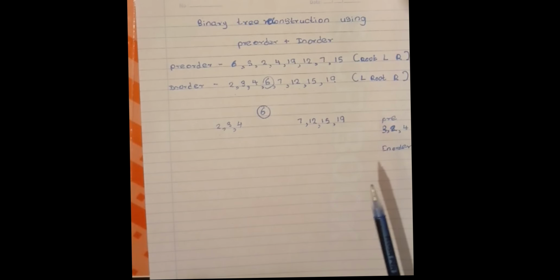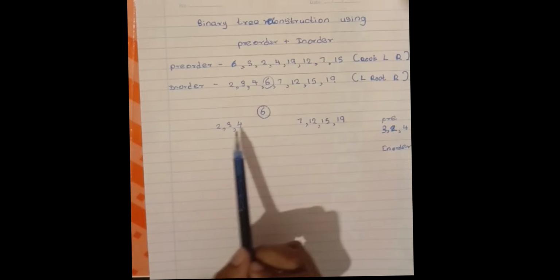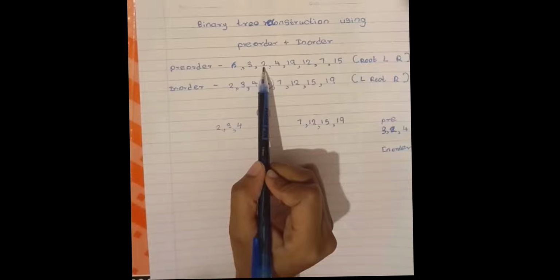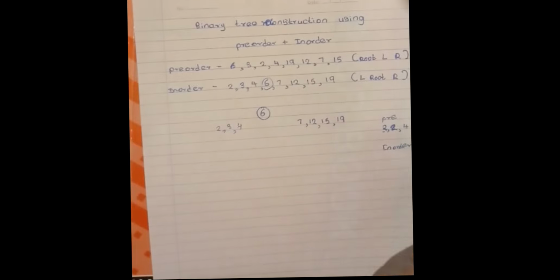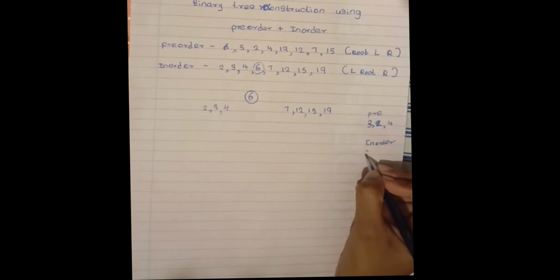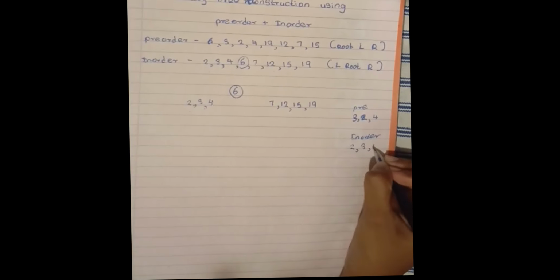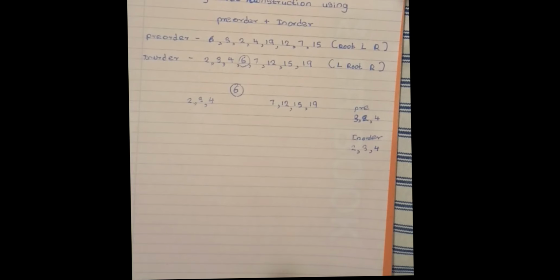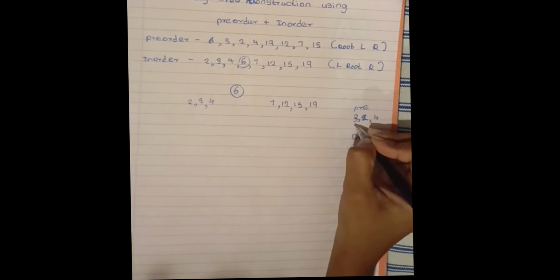For the left subtree, the Preorder segment is 3, 2, 4. In Inorder, 2, 3, 4. So let's write down Preorder 3, 2, 4 and Inorder 2, 3, 4. In Preorder, as I mentioned, the first element is the root.